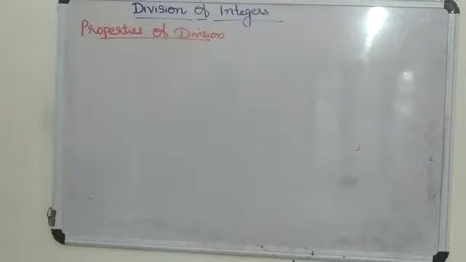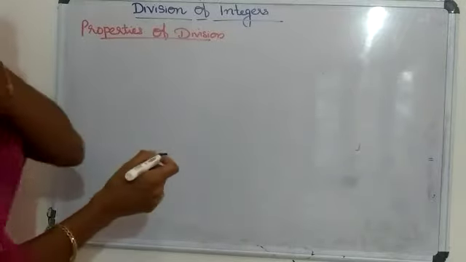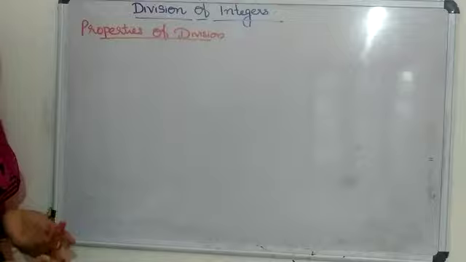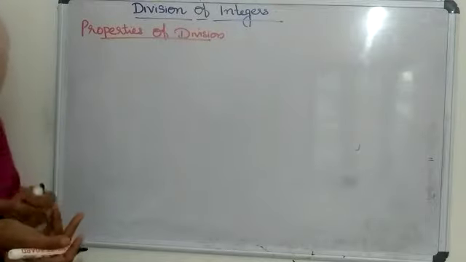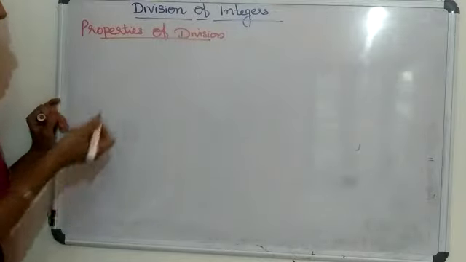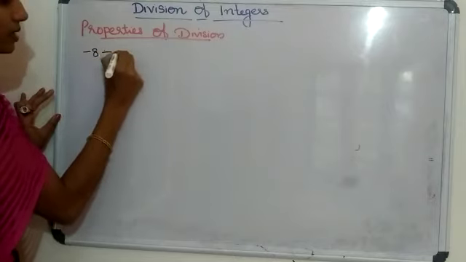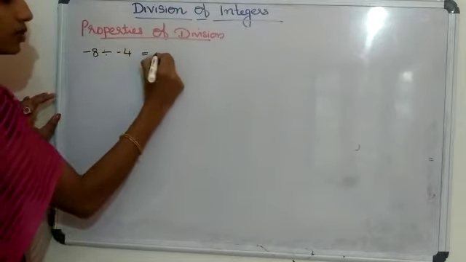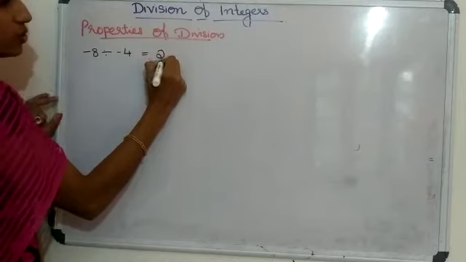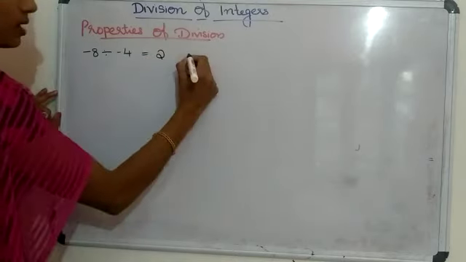Now we'll see the properties of division. So what are the properties? Closure, commutative, associative, multiplicative identity, etc. So here, when minus 8 is divided by minus 4, we will get what? 2. Right.